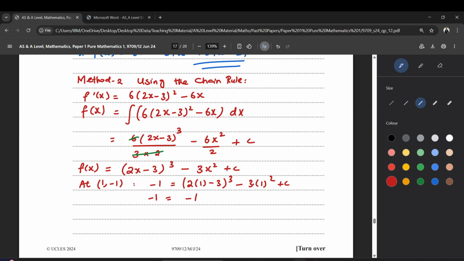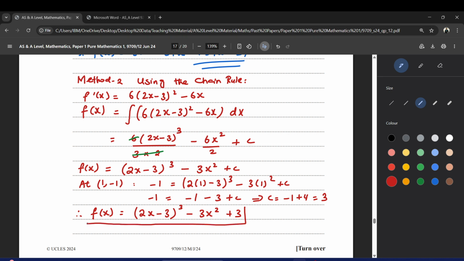Now 3 times 1 squared, that would be minus 3 plus c. So therefore c is equal to minus 1 minus 3 plus 1, which is minus 4; when this 4 goes to the other side, it becomes positive 4. So you get positive 3. Therefore, my f of x will be (2x minus 3) whole cubed minus 3x squared plus 3. This is going to be my final answer.